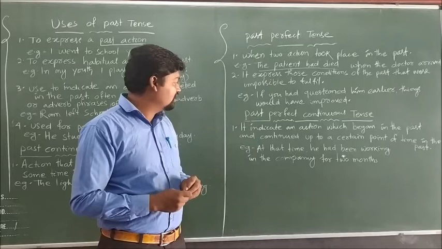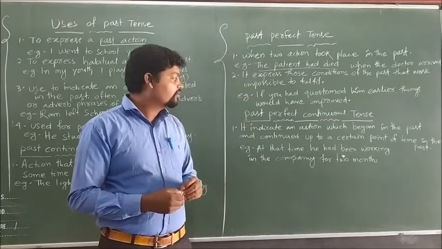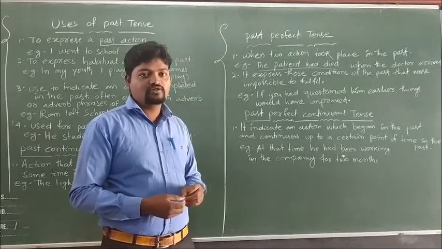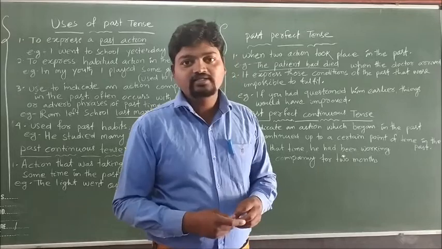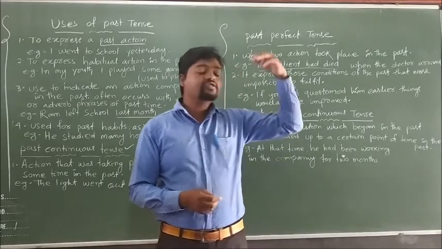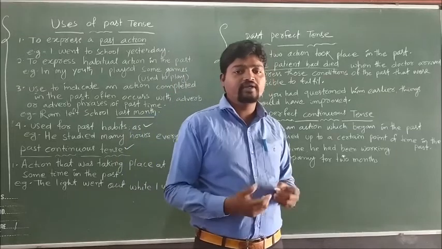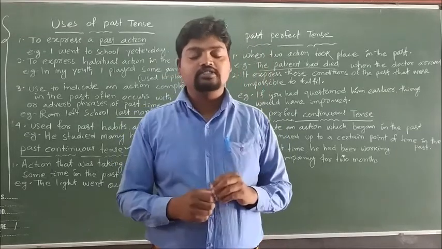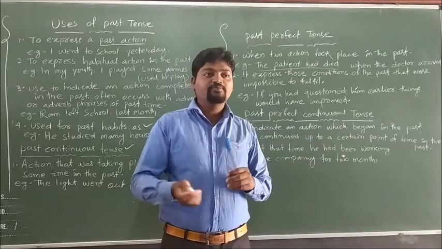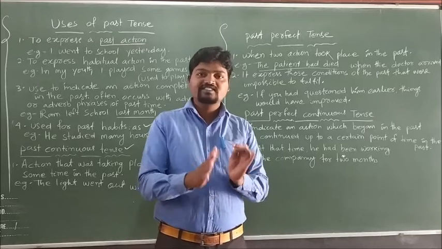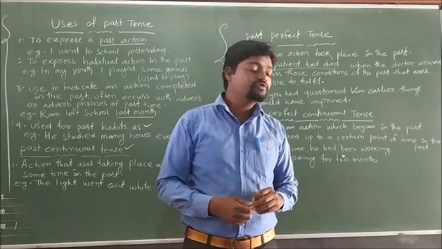For example, at the time he had been working in the company for 2 years or for 4 years or for 10 years. Dear students, suppose you met your friend maybe 2 years back or maybe 1 year back or maybe 5 years back, isn't it? And you happen to say the same sentence to another friend. At that time, what will you say?